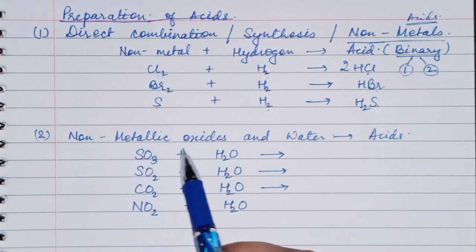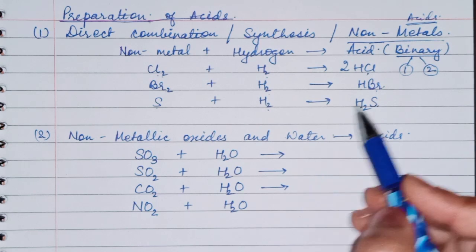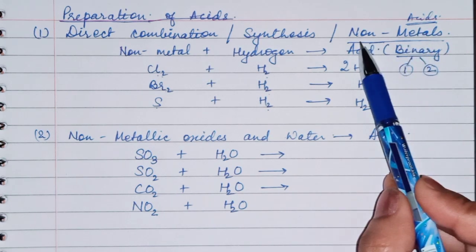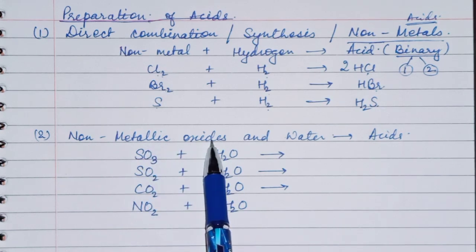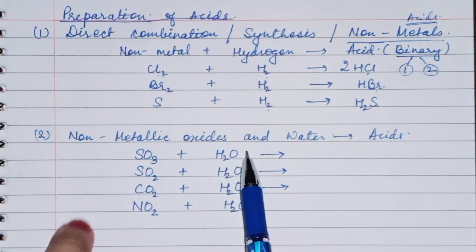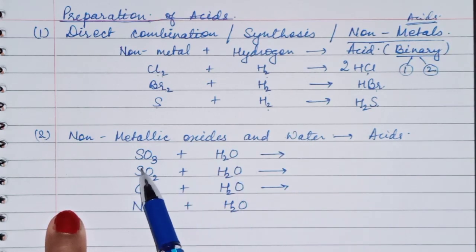Next is non-metallic oxide. When it reacts with water, it will give acids. In that first point only I have mentioned we will use non-metal. Non-metallic oxides are acidic in nature. So when these oxides are dissolved in water, they will give acid.